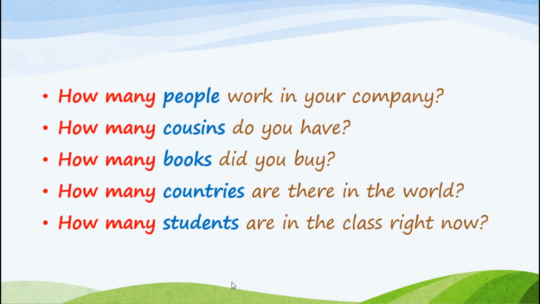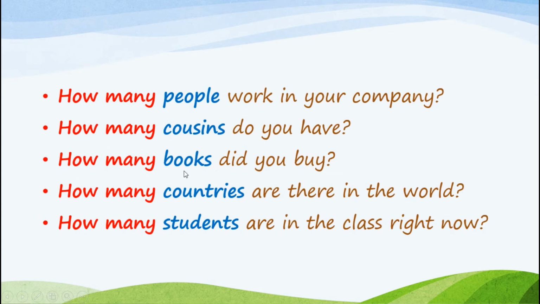Here we have 5 examples of questions made with how many and countable nouns. How many people work in your company? People is the plural noun for person. How many cousins do you have? Cousins is the plural form for cousin.